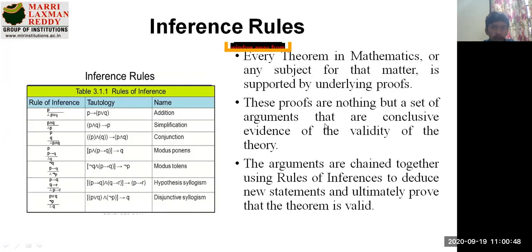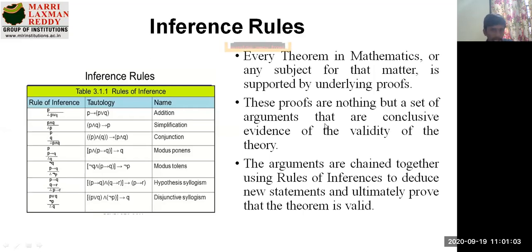This is what I'm talking about, the inference rules, which you already know: the addition rule, simplification, conjunction, modus ponens, modus tollens, which you already learned as part of discrete structures. So you need to have a quick glance at these.